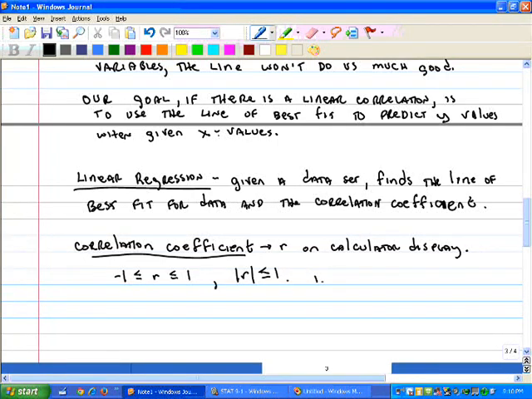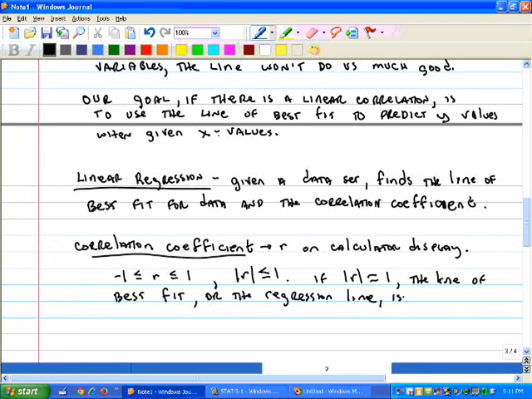In general, if the absolute value of R is close to 1, the line of best fit, or the regression line, both are the same, is a good model of the relationship between the variables.